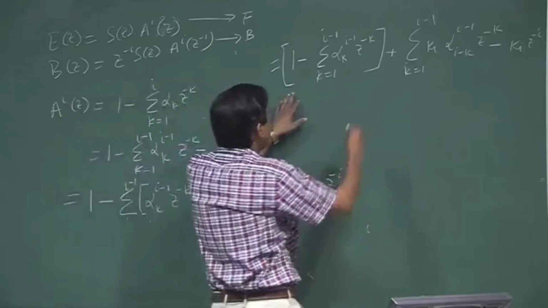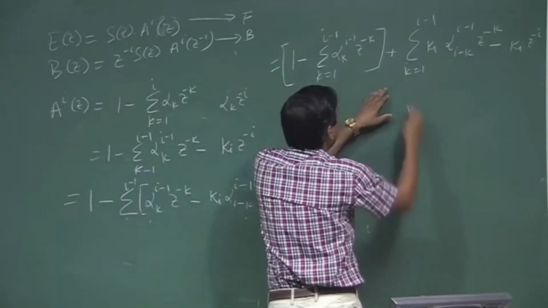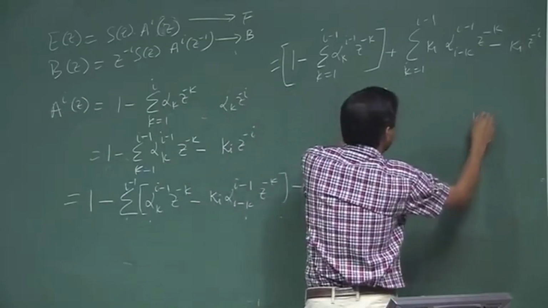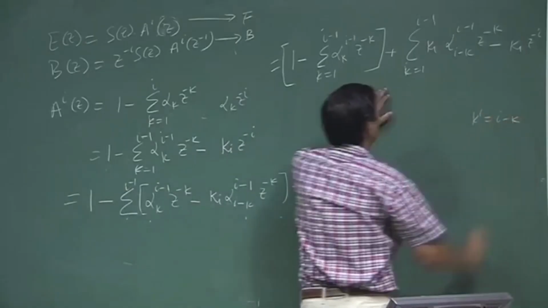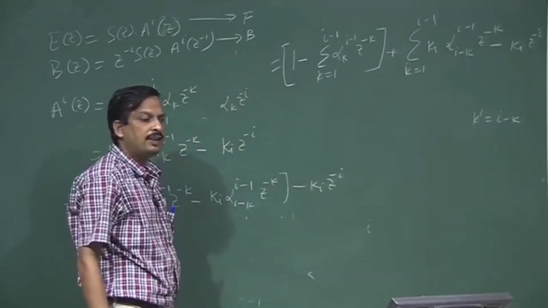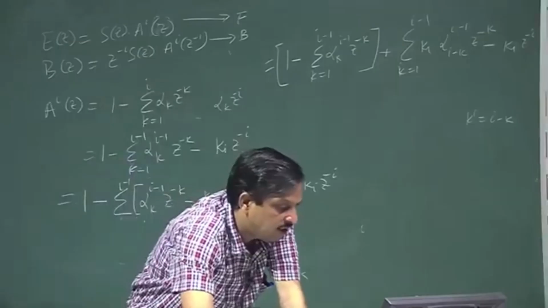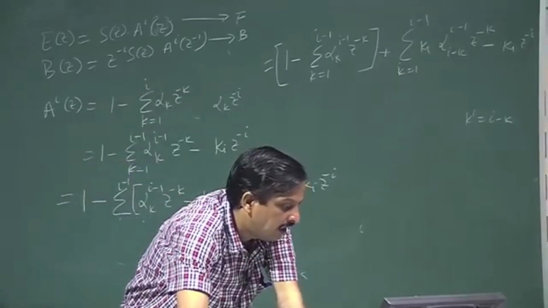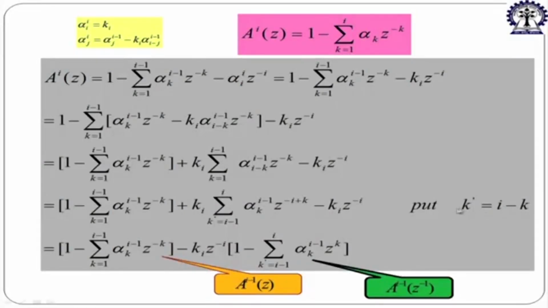Now, here, if I say that k dash is equal to i minus k, if I put k dash equal to i minus k, so k dash goes from i minus k to, with k equal to 1 to i minus 1, so k dash is equal to i minus 1 to 1.